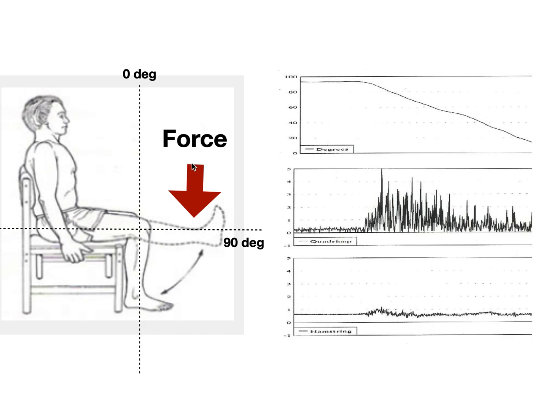For knee angle, we can see it's initially 90-something degrees and then decreases. So we know if the knee angle decreases, that means it's knee flexion, right? So it's doing a knee flexion task. We put an electrode on the quadricep and the hamstring, and we can see the raw signal of EMG.